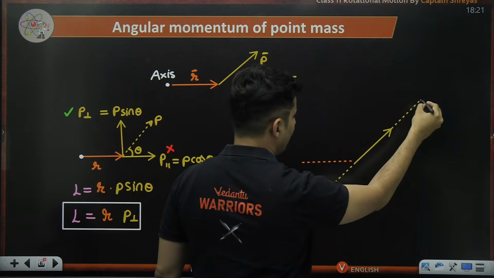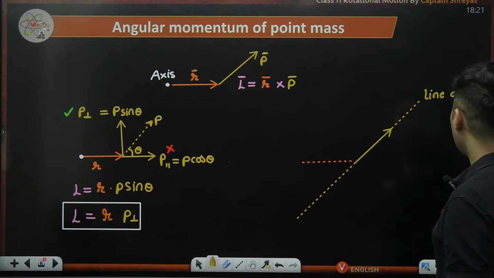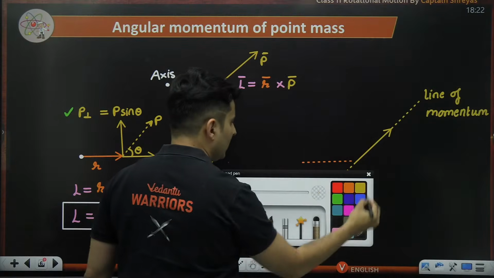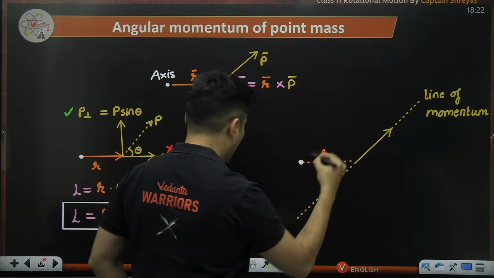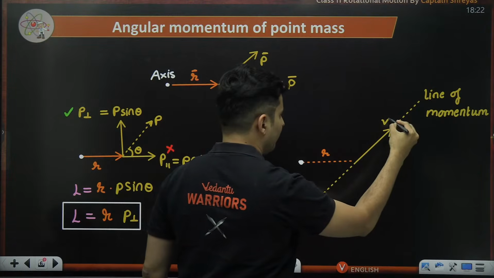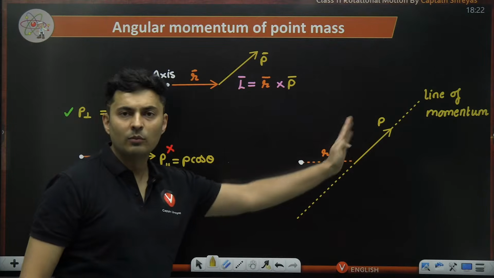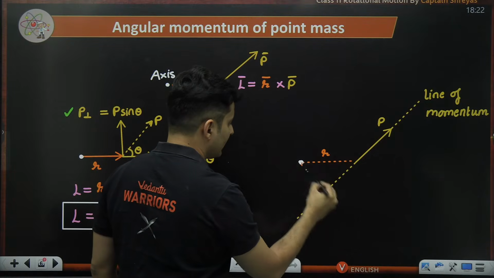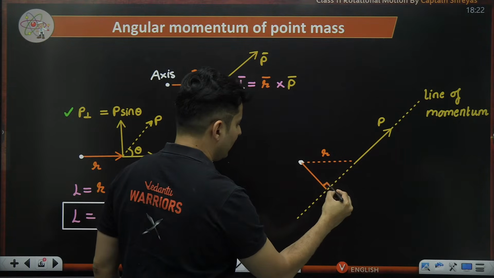This is your line of momentum, guys. This is still your axis. This is still your R. This is still your velocity, or you can say momentum. Now, instead of splitting momentum, you split R and you take only the perpendicular distance on that line of momentum.